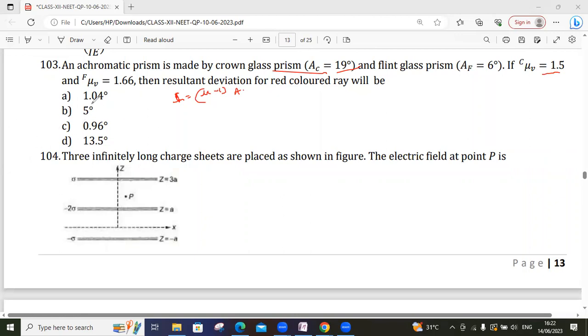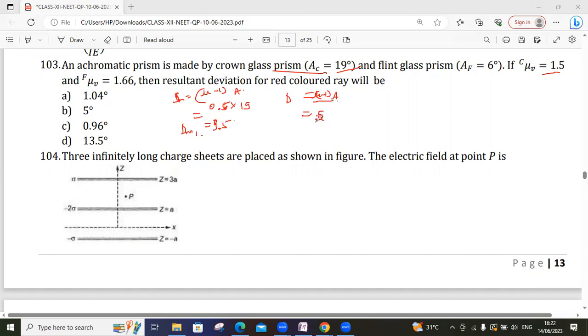0.5 into 19, which is 19 by 2, which is 9.5. So this is for first part. The second part, if you see, again d is equal to mu minus 1 into A, which is 1.66 minus 1. 1.66 is 5 by 3 if you think, right?